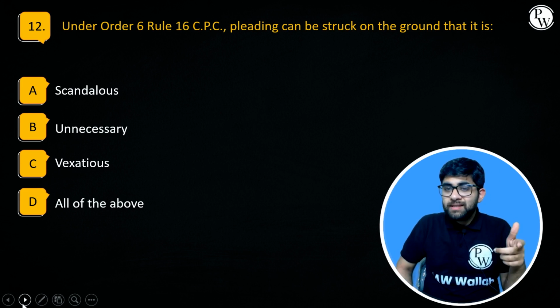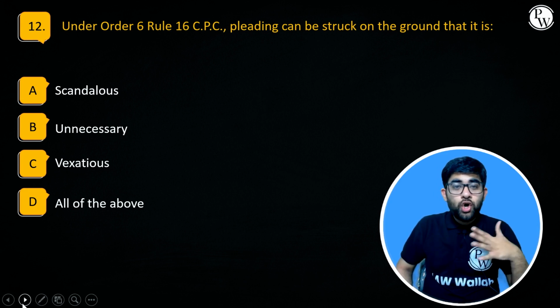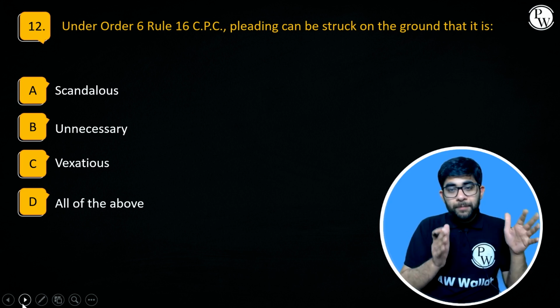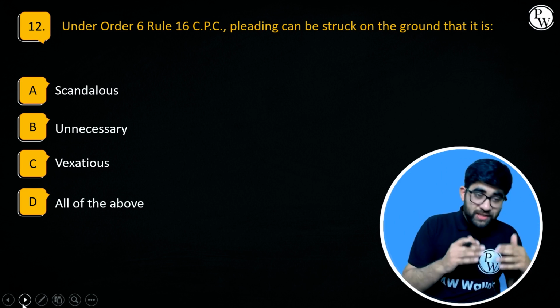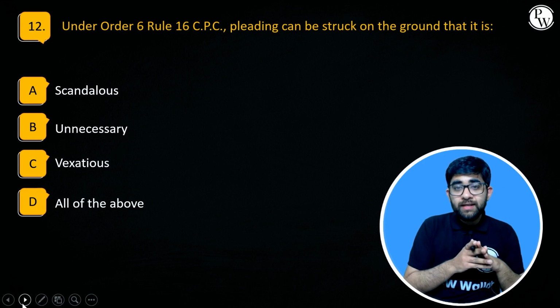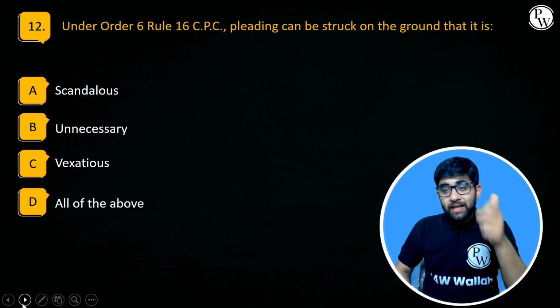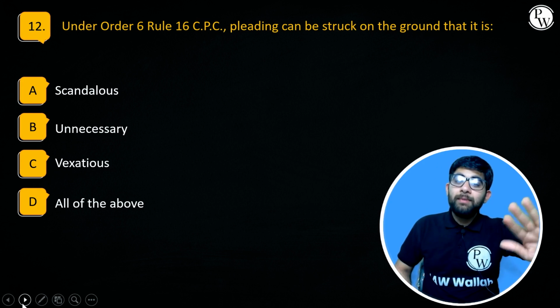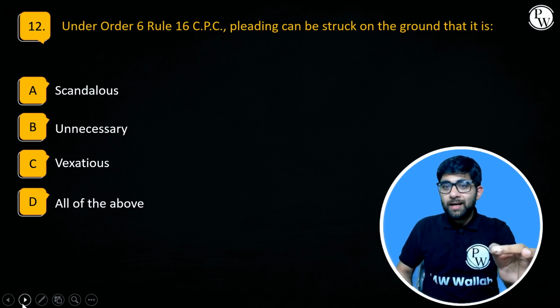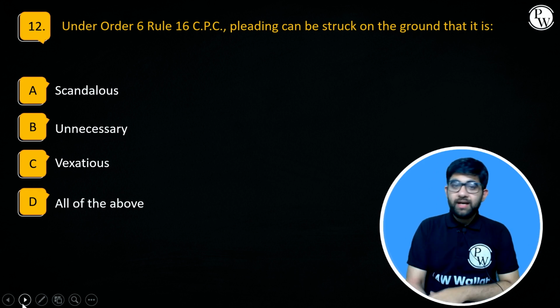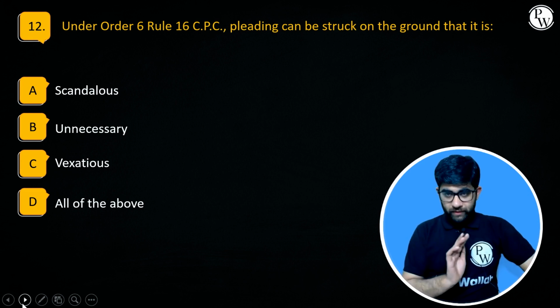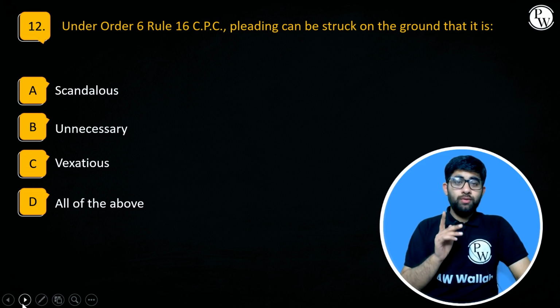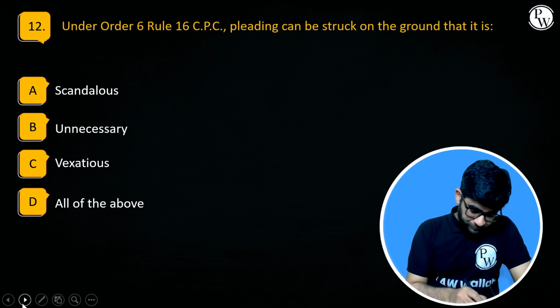These are all, I would say, synonym-type things. But if it is not needed, it is not a material fact, it has been pleaded in vain, then it is scandalous or vexatious, so it can be removed. Strike out is possible. The answer to 12th is D.